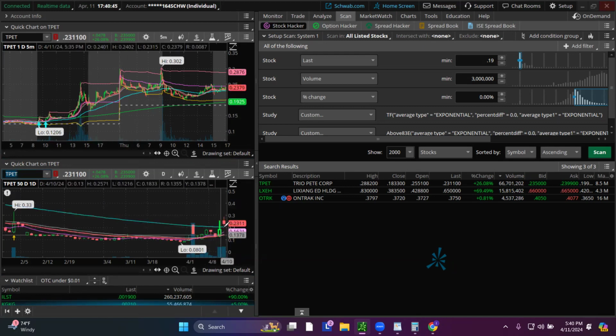Because let's say this one followed the expectation, because this one is underneath the 83 EMA on the daily chart. And let's just say normally when this wicks off, rejects the 83 EMA, this will just sell off. It won't gap up the next day and continue higher.